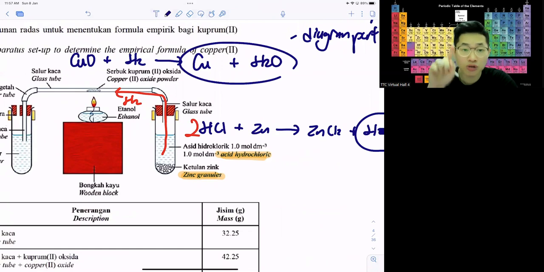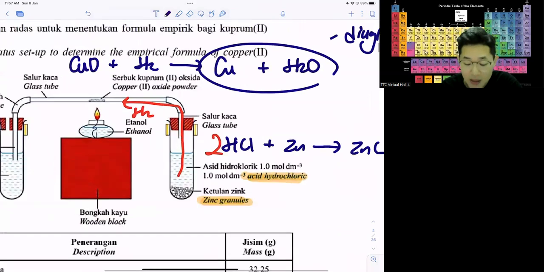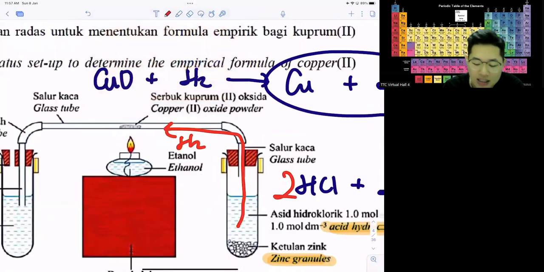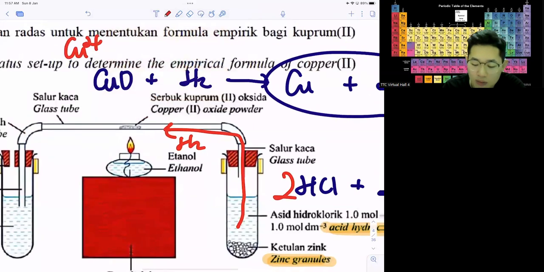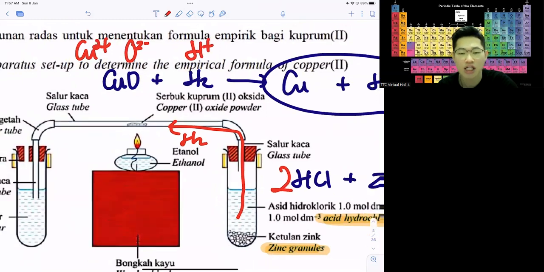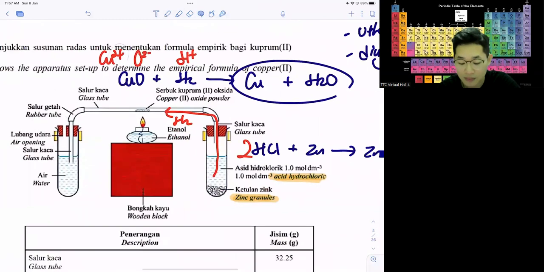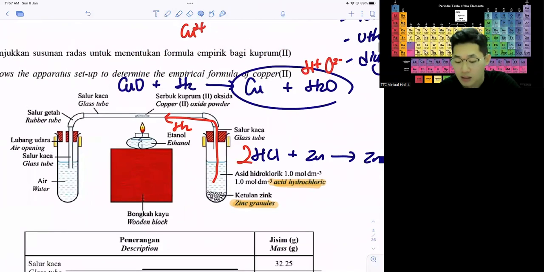As I told you just now, list out the ion first. Cu2+, O2-, H+, exchange partner. So H+ and O2- make H2O. Cu alone, no more girlfriend, then cannot put charge already.